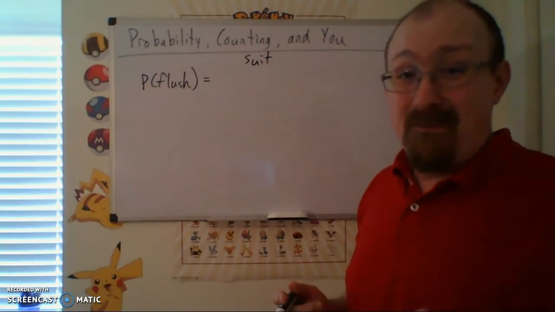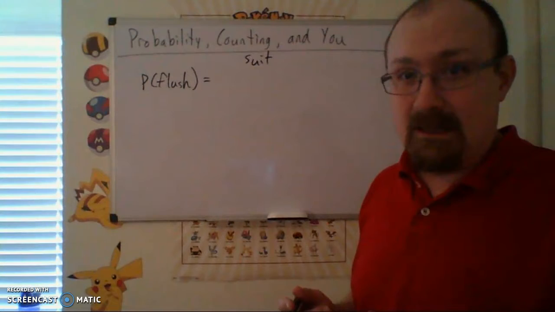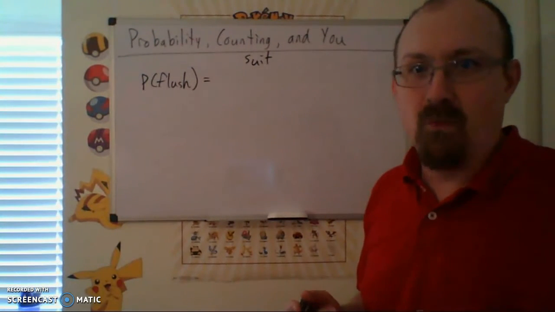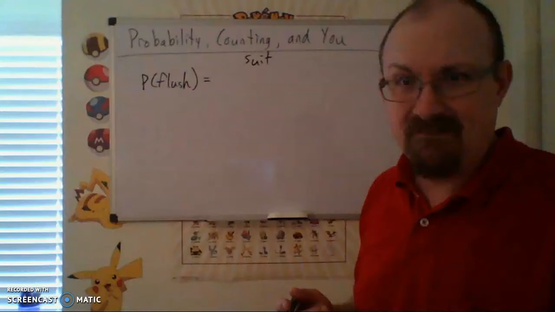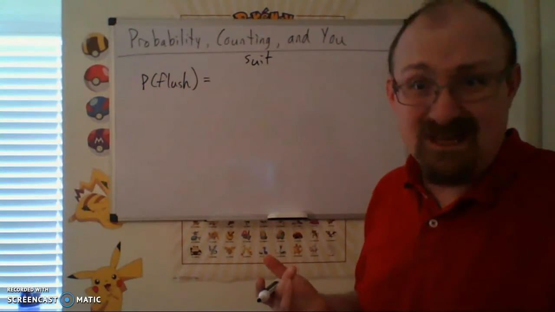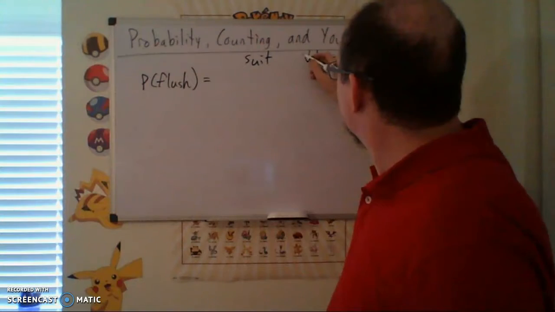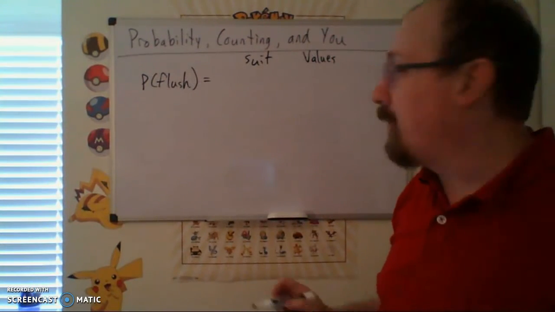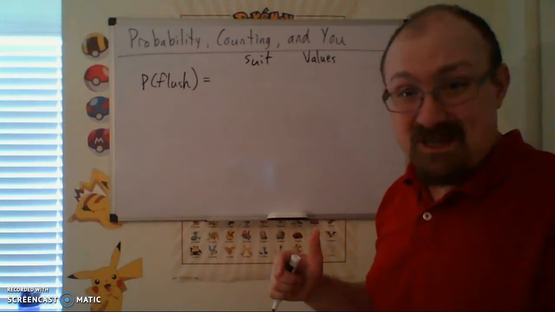And even within the same suit, it's technically possible, although astronomically unlikely, that they both have a flush with the same suit. They could both have hearts, right? Because there's 13 values, and 2 5-card hands only takes up 10 cards. So the values within a given suit could also be different. All right, now let's work out what's going on with each of these things separately.